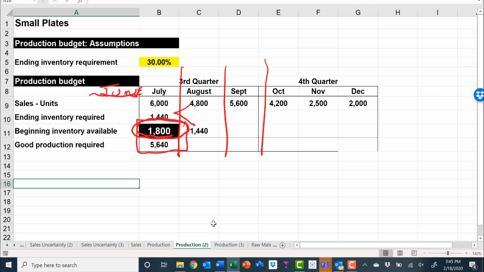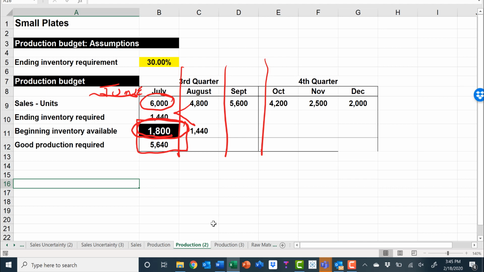You do not right now, but de facto, what you could do is, we know that your beginning inventory is 30% of the current month's needs. So you're saying the 6,000 is my current sales expectation for July. Right.